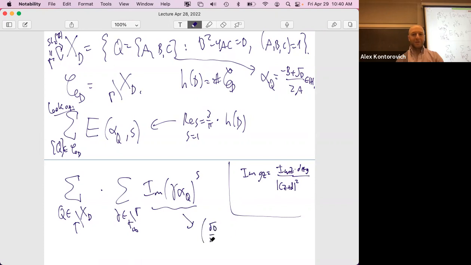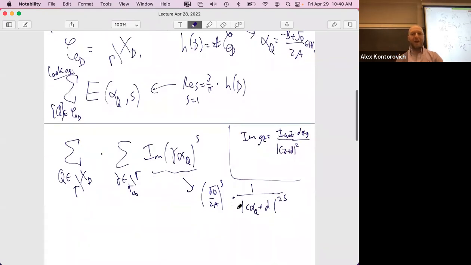Okay, so this thing, again, I'm just reminding you, the imaginary part was root D over 2A. So it's root D over 2A to the S, divided by the norm squared of, exactly as you said, C z plus D, C alpha Q plus D. And we worked out that this, in fact, is nothing but Q, because it's C alpha Q plus D times C alpha Q bar plus D, this norm square.